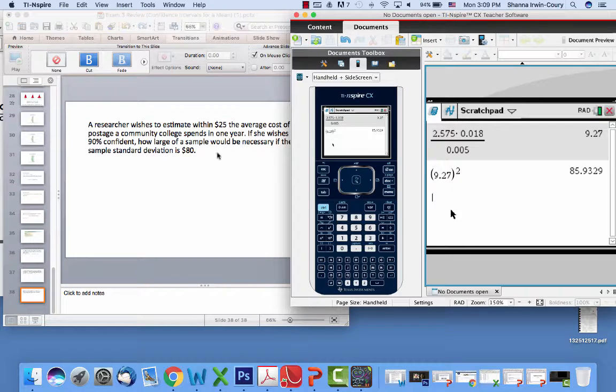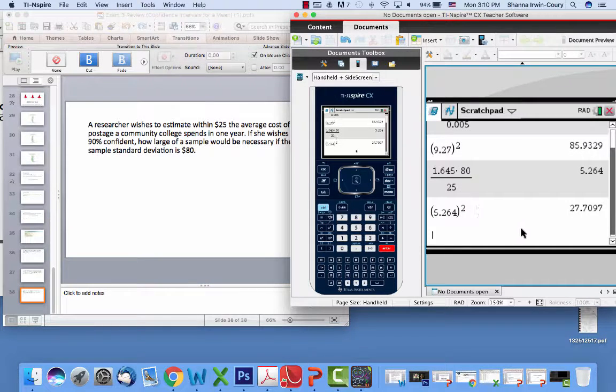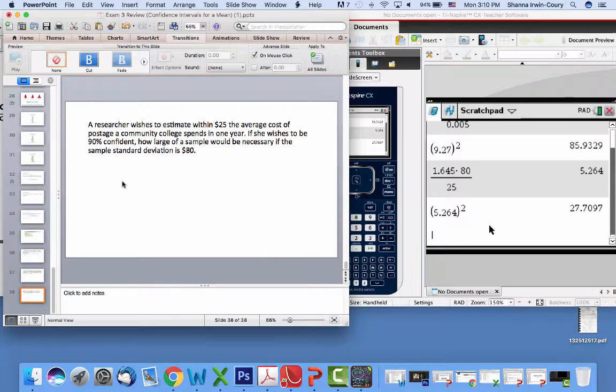Anyway, we want to find 90% confident, which would be 1.645, which you can get off the chart if you don't remember, looking up 0.05. 1.645 times the standard deviation, divided by the limit, 25, gives 27.7097, so 28 people is what we need for this one.